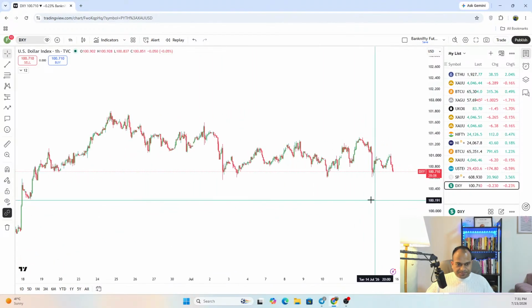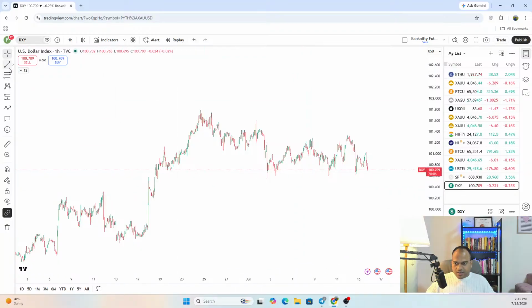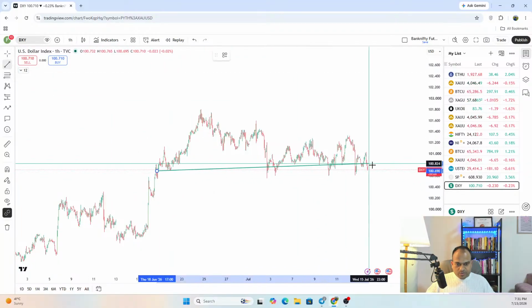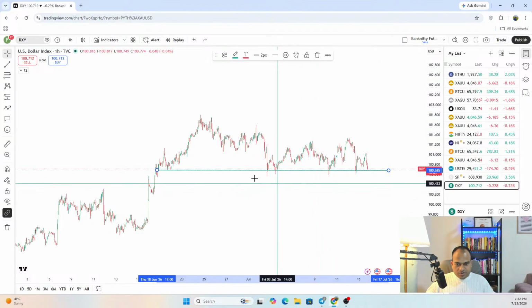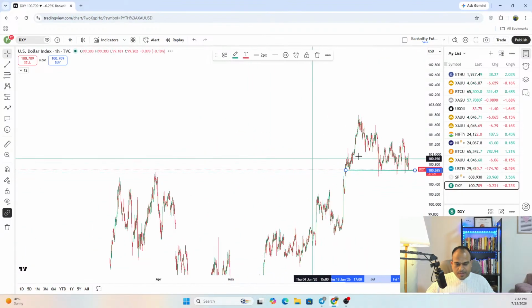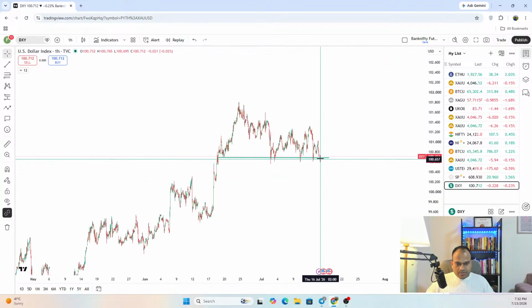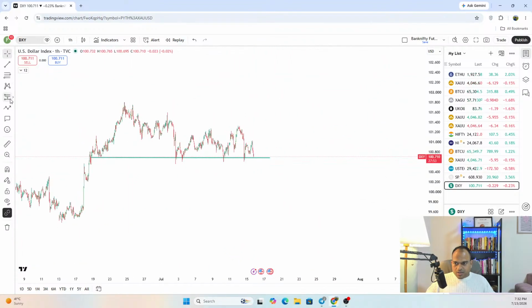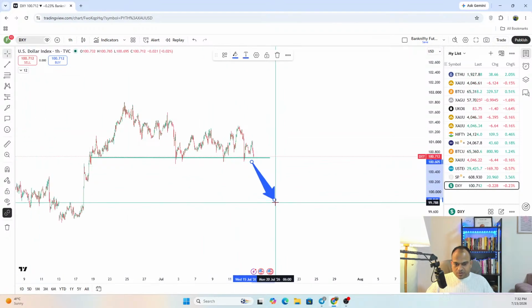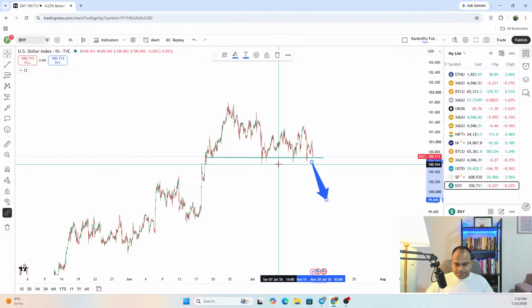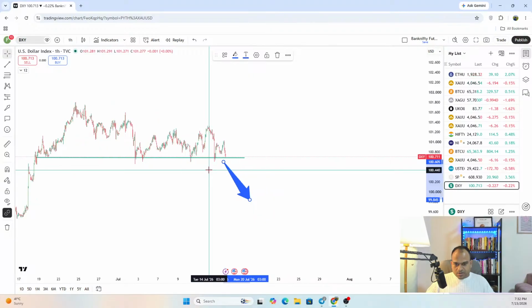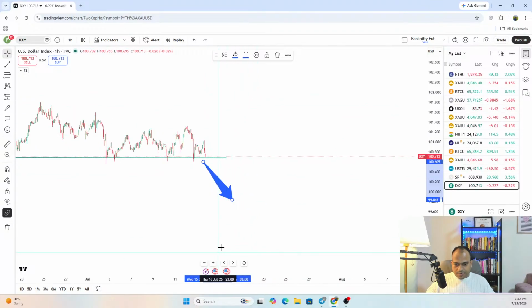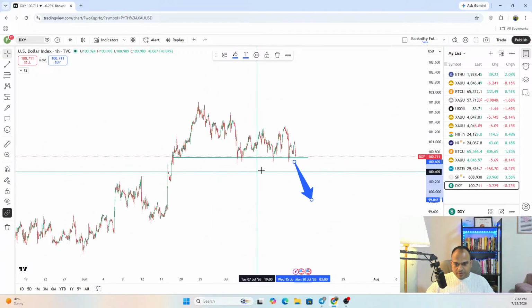Again, USD is also coming to a support area. This is a support area for dollars, right? If this level is broken, it means the dollar will come down somewhere here. If the dollar comes down somewhere here, then I would expect the gold prices to go up. So these are inversely correlated.